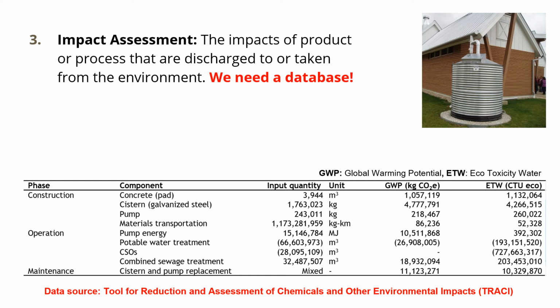So we can see in the second column all of the inputs needed to build the rainwater harvesting barrel, and then the third column is how much of each of these inputs we need. And then our outputs are to the right, our global warming potential and ecotoxicity to water. So Tracy is able to tell us, based on the amount of each input, what those 2 parameters are going to end up being.